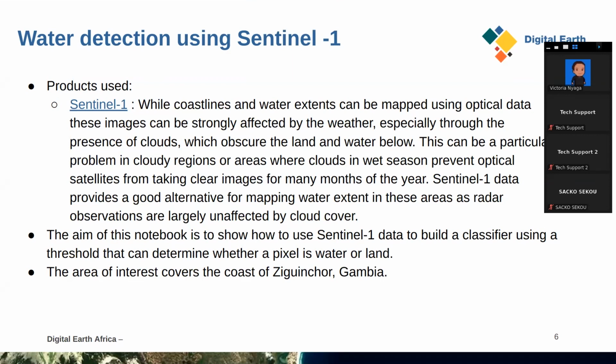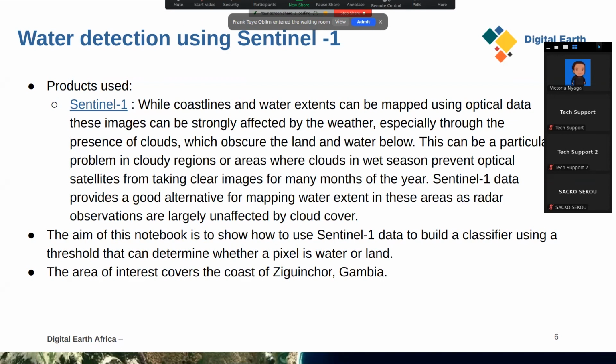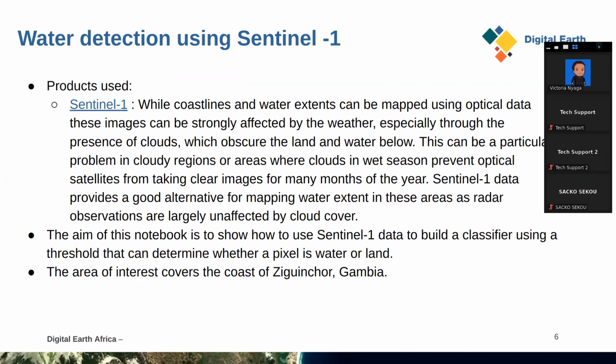The aim of the water detection notebook is to show how to use Sentinel-1 data to build a classifier using a threshold, which can then determine whether a pixel is water or land. For this notebook, the area of interest is, I'm not sure how to pronounce that, but it's in Gambia.